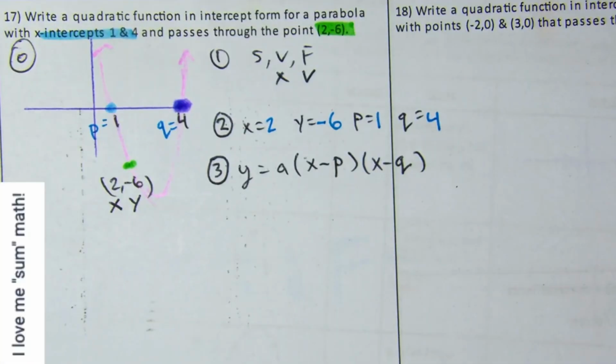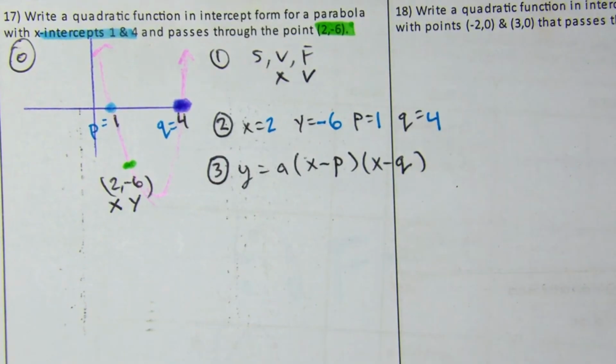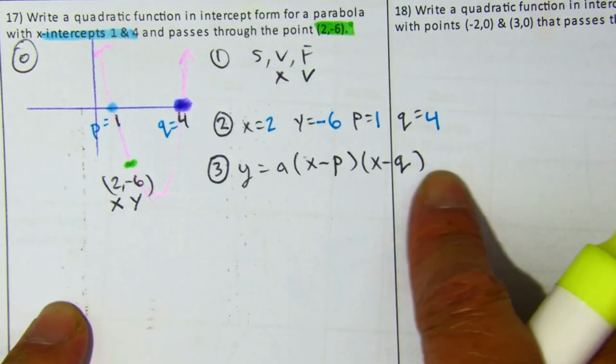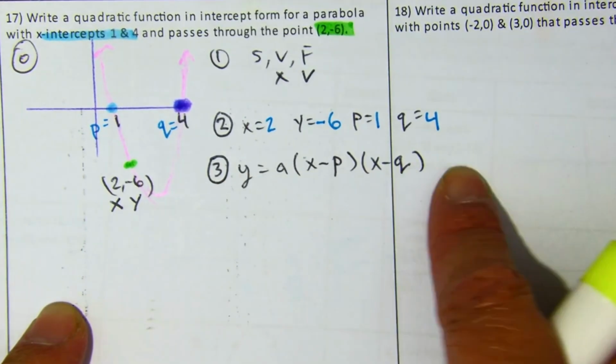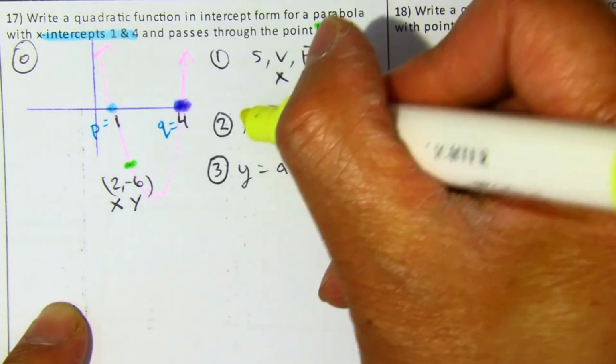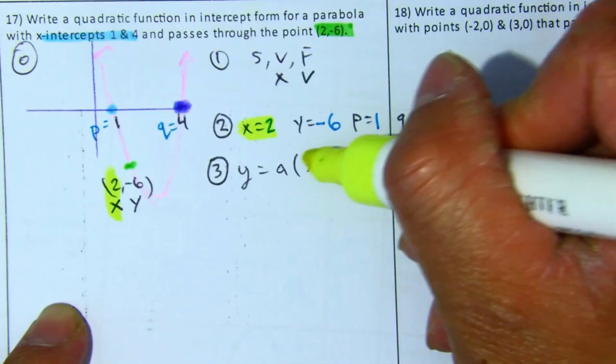Let's have a highlighting party now. I'm going to start off with the most difficult part of writing an equation in factored form. How many x's do you have? 2. So the x, that's 2, you're going to put here and here.